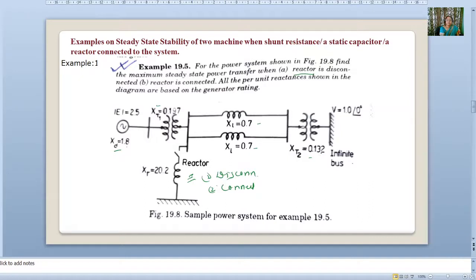Now when the reactor is connected, as it is connected at the sending end, here is the T. This will be our Z1, this our Z2, and this our Z3. So the reactance B is Z1 plus Z2 plus Z1 into Z2 divided by Z3.